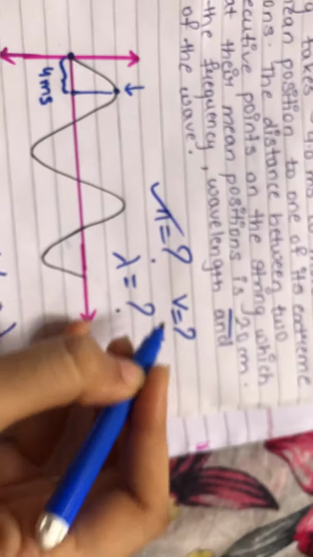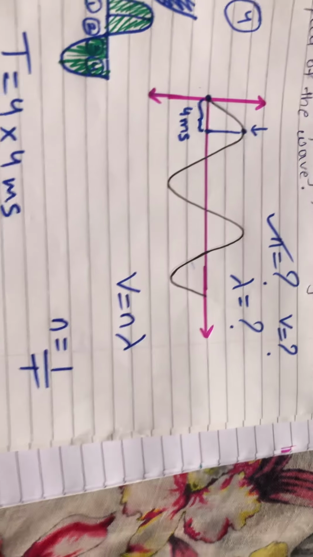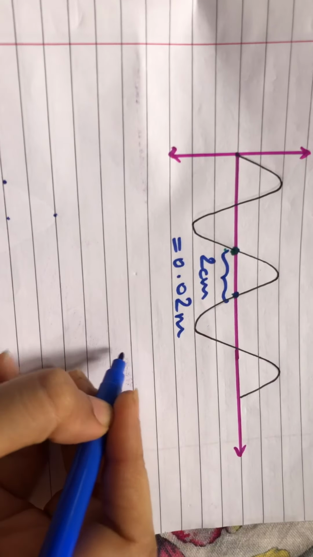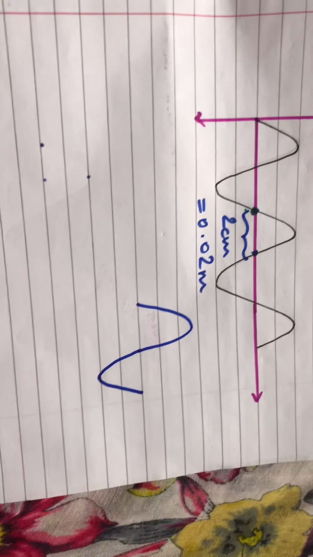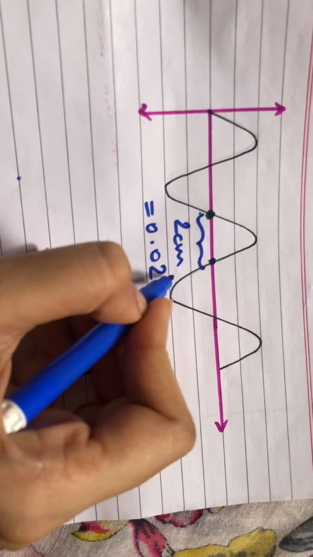We have frequency with us. Now we need speed. What is speed? Speed is v is equal to n lambda. We want lambda now, that is wavelength. How will we find the wavelength? What is wavelength? One crest and one trough is wavelength. So we have the value of crest. What about the value of this trough?